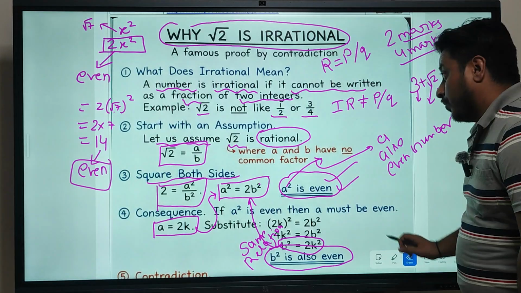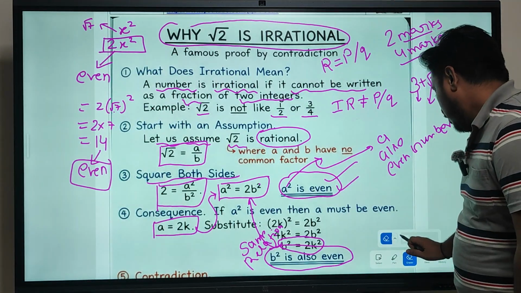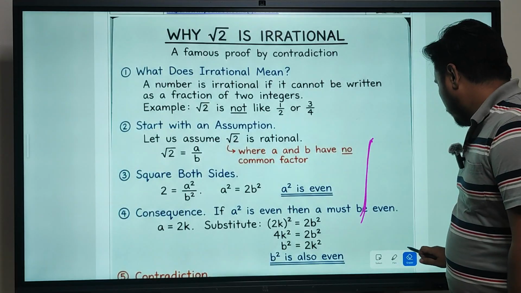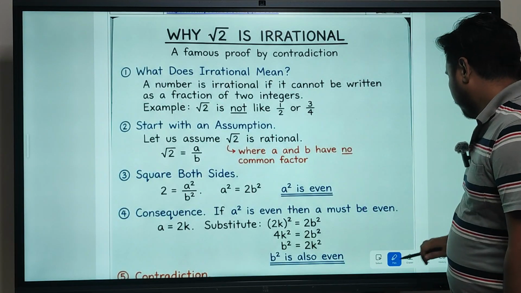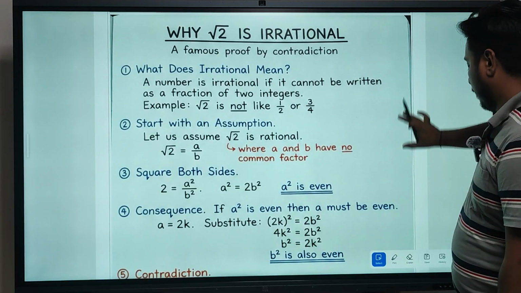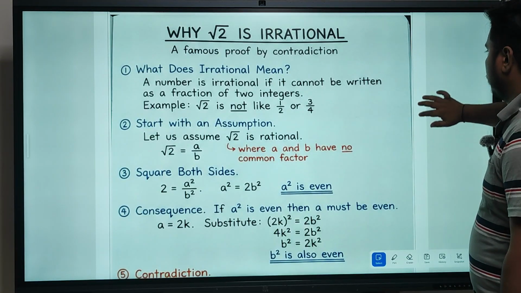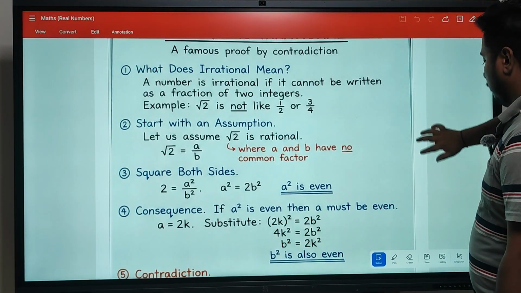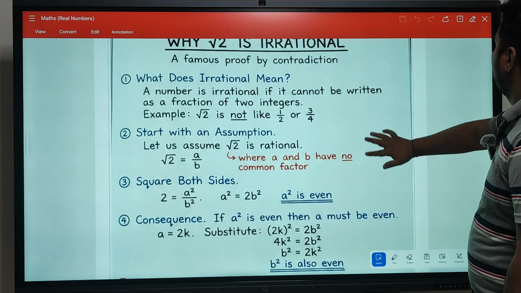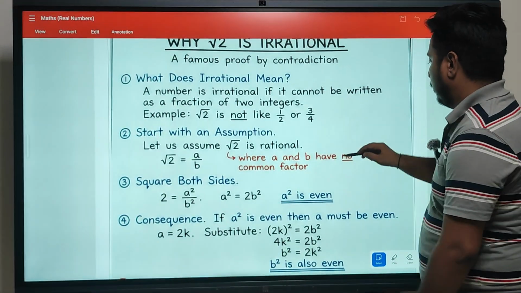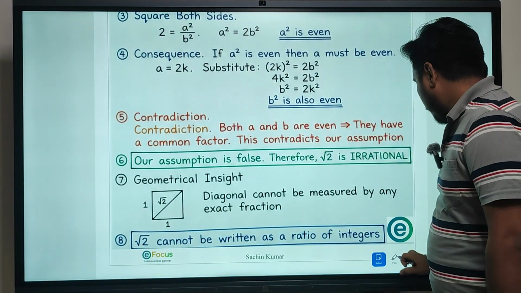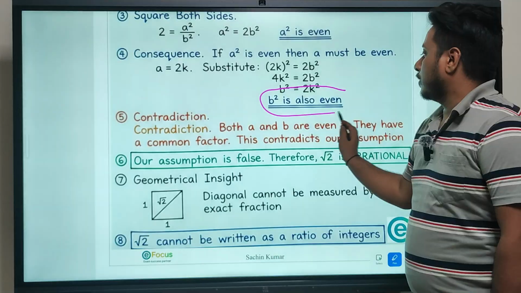Now I have to erase everything for your better explanation. Sorry. Yes. Now you will see we proved that b square is also even.